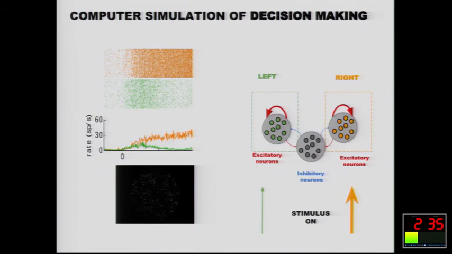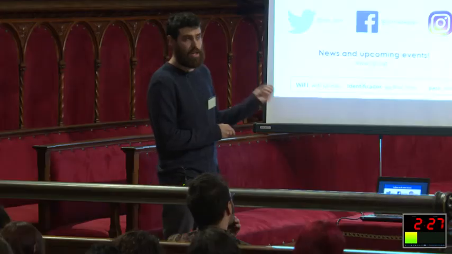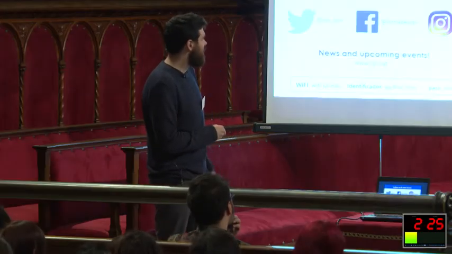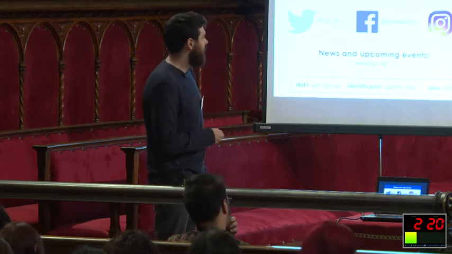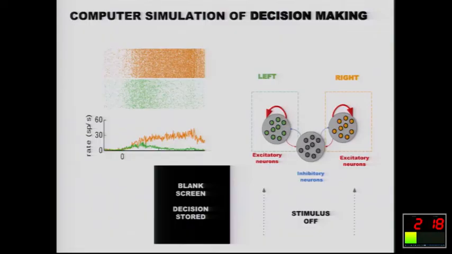This happens because the right selective neurons increase their firing rate and activate the inhibitory population, which shuts down the left population. And this is very similar to what we saw before in the real neurons. And finally, thanks to the recurrent connections inside the right population, we are able to store the decision in memory during the delay period.